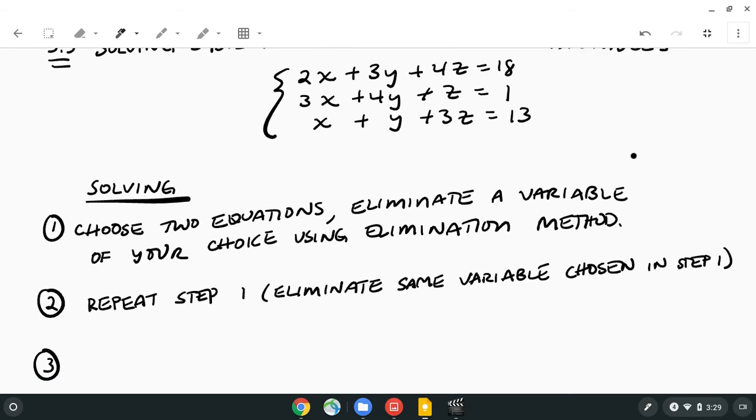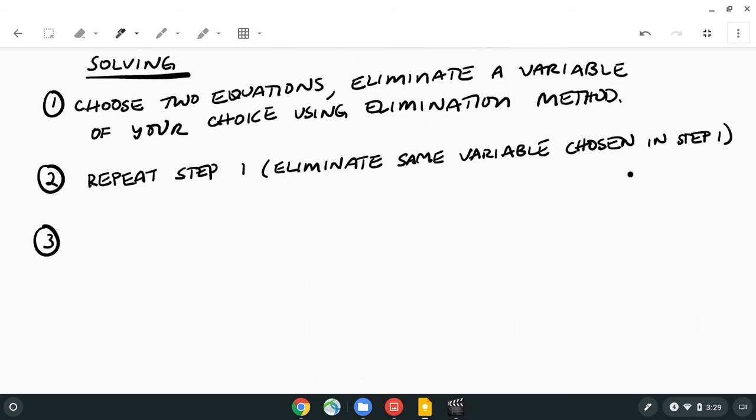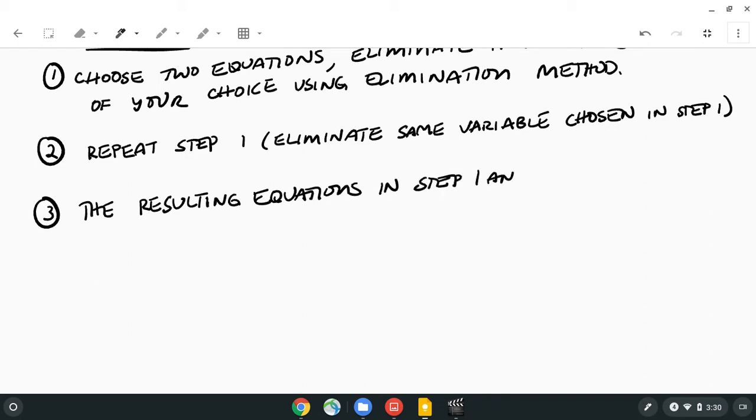We're trying to reduce this down to a system of two equations, which is what you're familiar with. So the resulting equations in steps 1 and 2 form a smaller system of two equations, which is what you are familiar with.